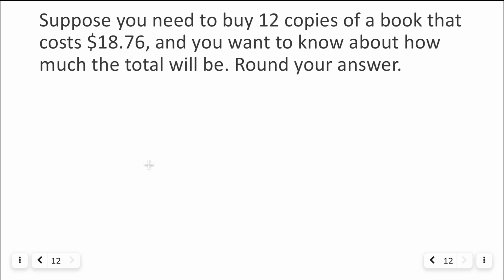And finally, you want to buy 12 copies of a book that costs $18.76, and you want to know about how much the total will be. So we want to round our answer. There's a couple of ways that we can go about this.